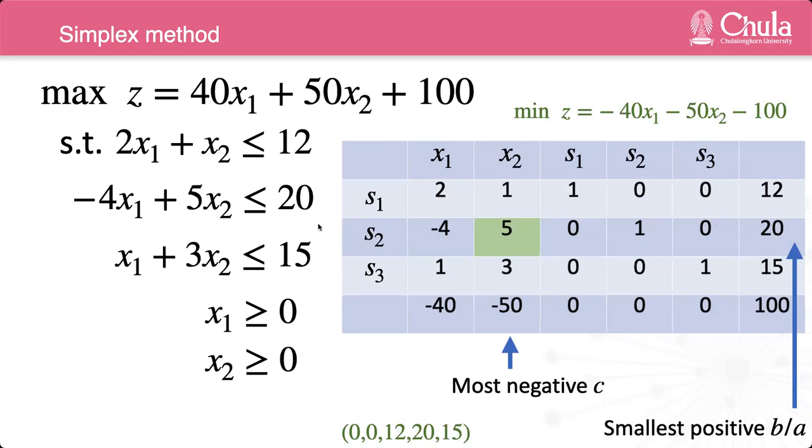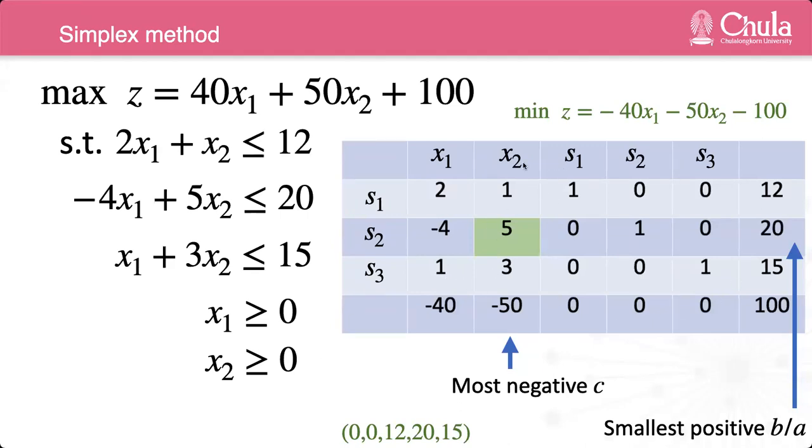And so on. We have three constraints here, right? For this non-negative constraint, we don't consider it in this algorithm, but it is required. Okay. We construct a table.